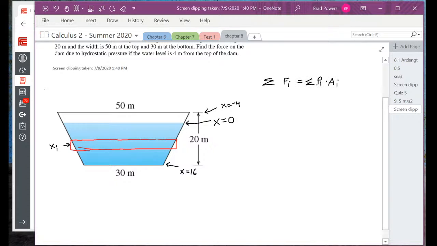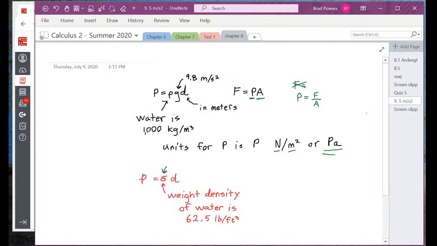The pressure, that's easy. So P sub I, we can figure out right now. Let's go ahead and do that. P sub I is, we're in metric, so we can go back and take a look if we need to, rho times gravity times depth.